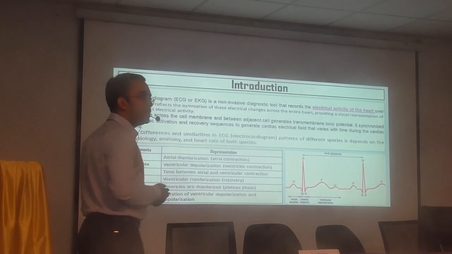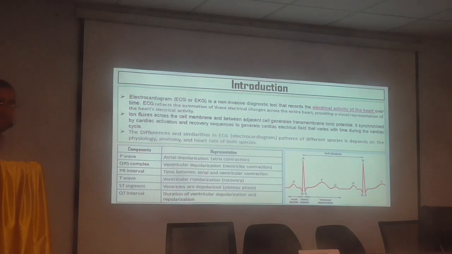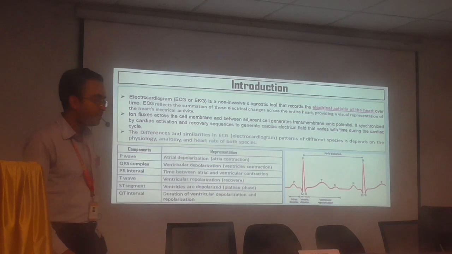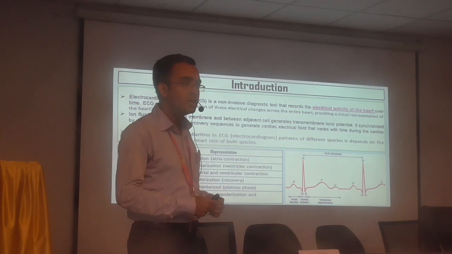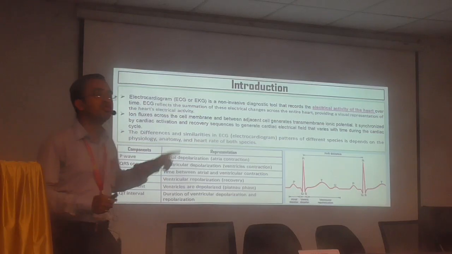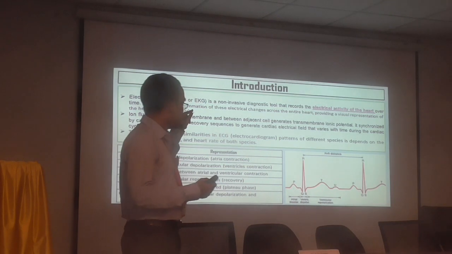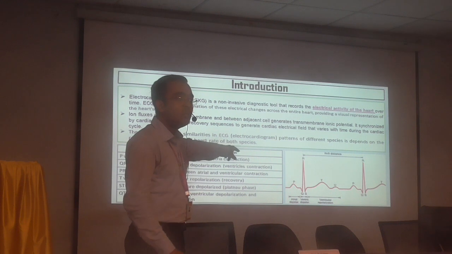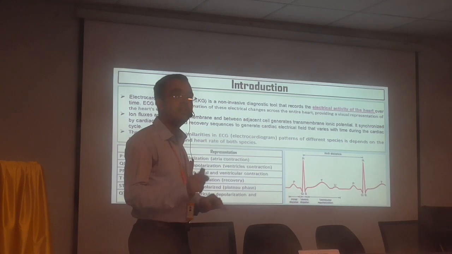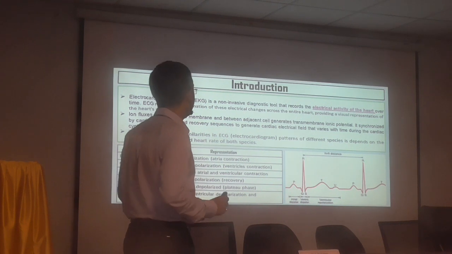So in case of any atrial disease, rheumatic fever, coronary artery disease, the abnormality is shown in the P wave, right? Any atrial abnormalities are represented by the P wave. Is that clear? Okay, good.